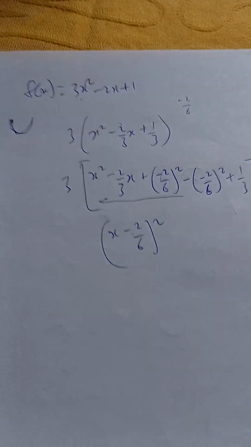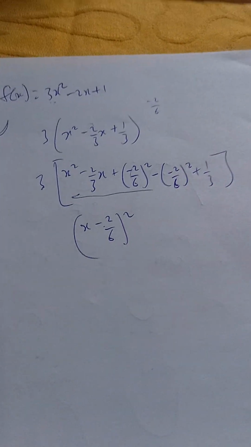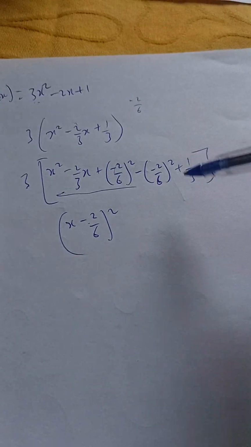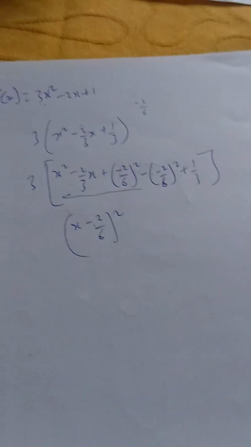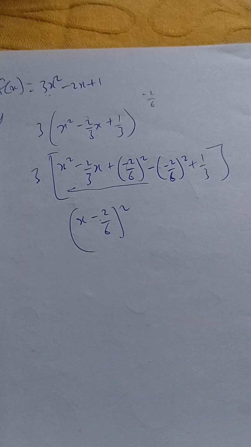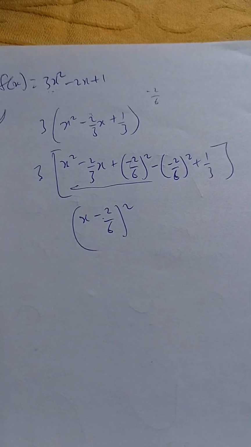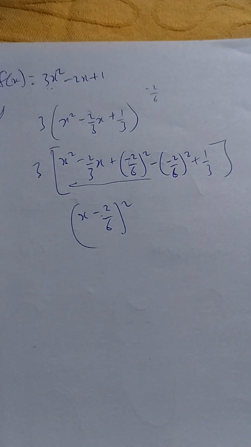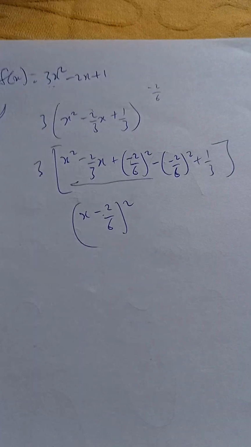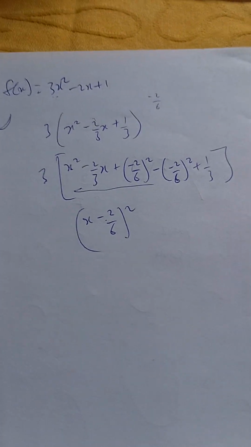Then compute. Calculator will give you this. So that's going to give us 1 on 3 minus 4 on 36, which is 2 on 9.